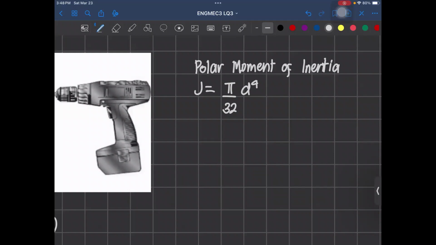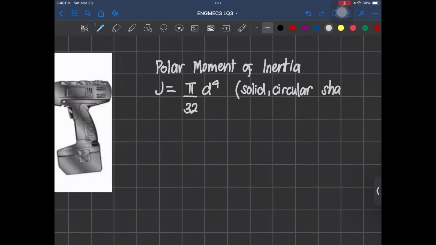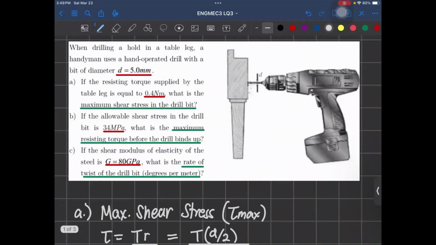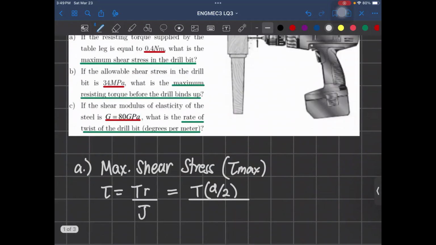This is only for a solid circular shaft. Since the drill bit is solid and circular, we will use that formula.